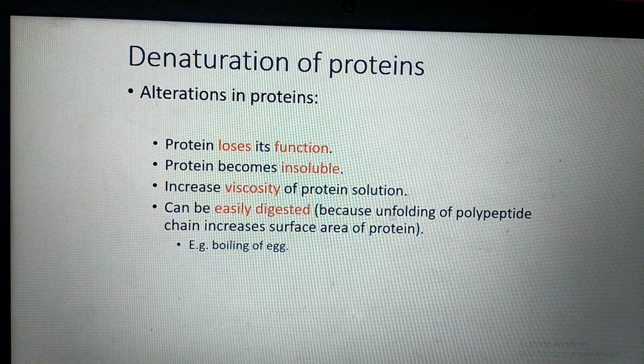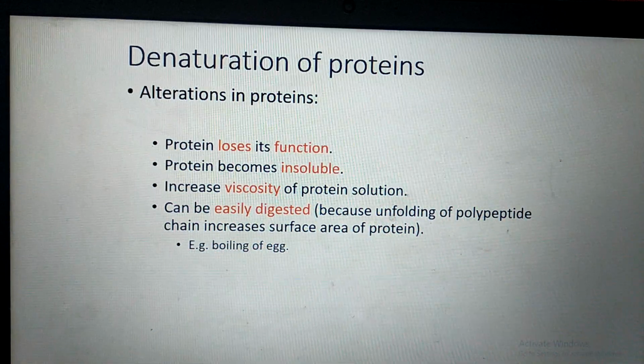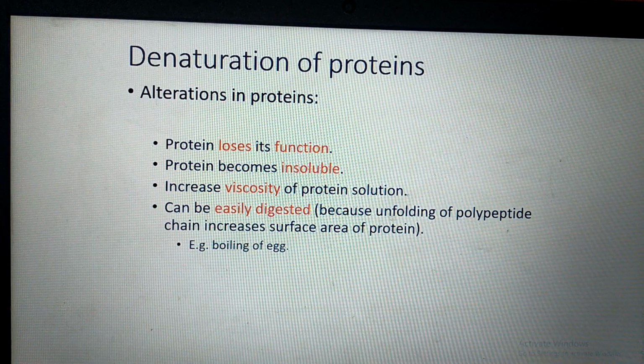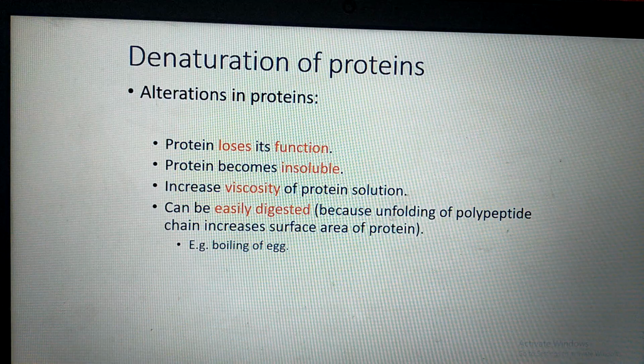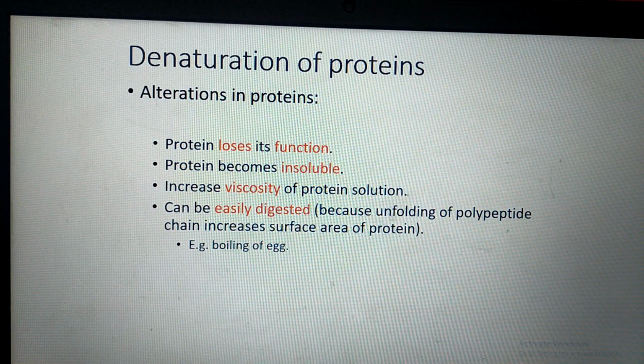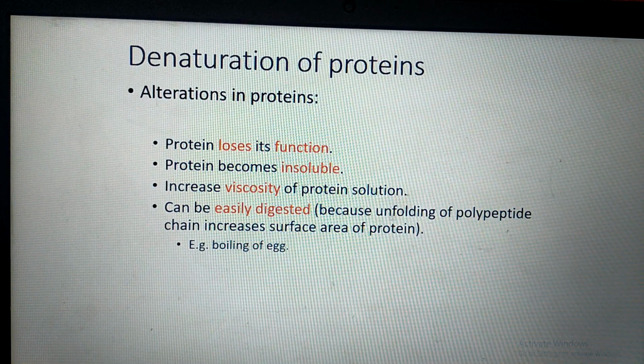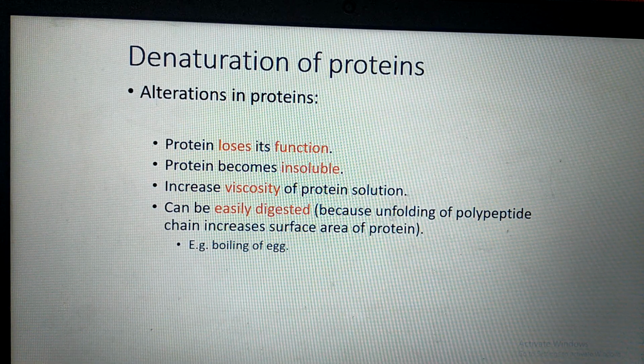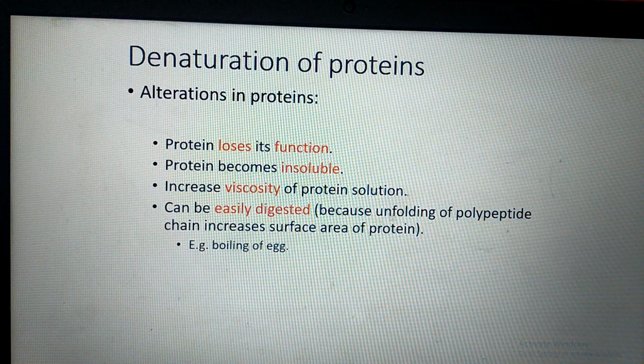Because we have seen that on denaturation, size of protein increases. When the size of protein increases, there is more area available for the action of digestive enzymes. Therefore, boiled egg is easily digested as compared to raw egg.